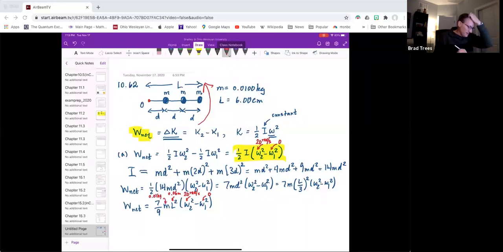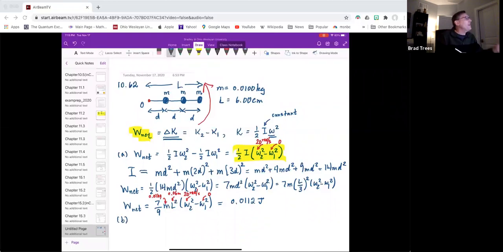Let's see what I get when I put that in my calculator: 20 squared minus 0 times 7/9 times m, 0.01 times 0.06 squared. So I get that the work we have to do is 0.0112 joules. And we have done part A.